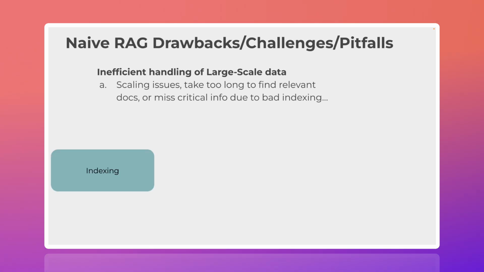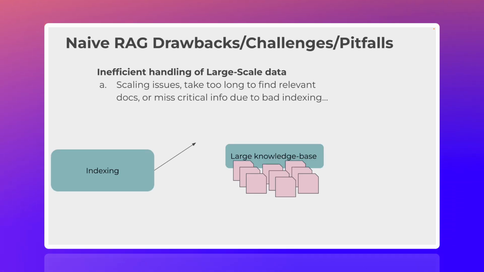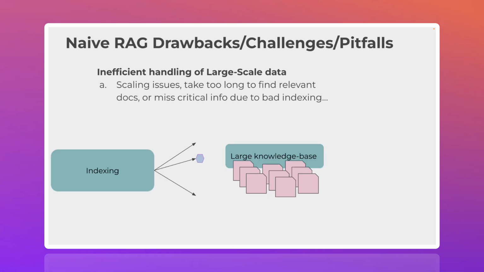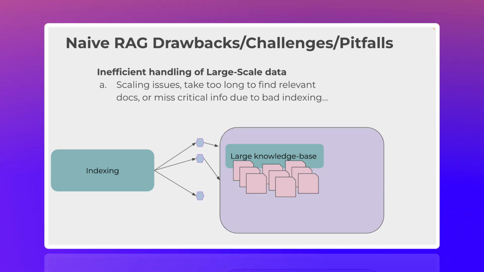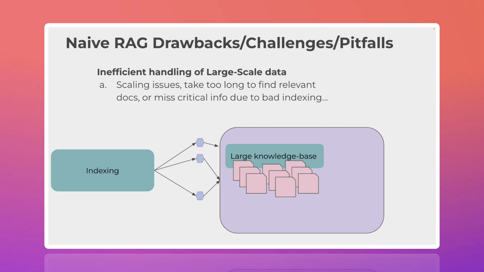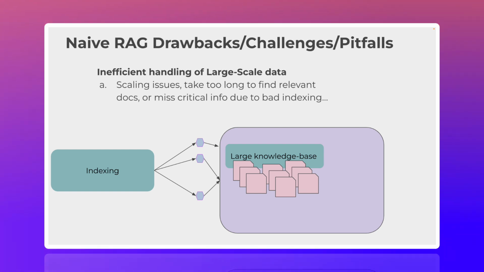So it's the same thing. We have the index process, which creates index data structures, which then, in the grand scheme of things, is going to have trouble finding the right information in a very large knowledge base if you have a lot of documents, because it's taking too long, and it may end up missing critical information because of inadequate indexing and search strategies.